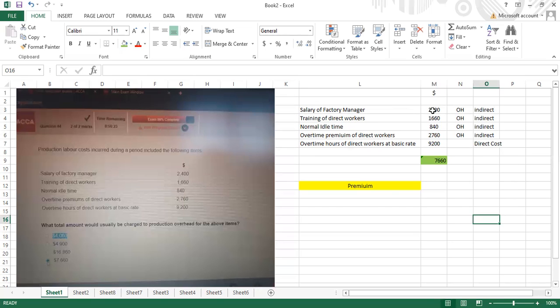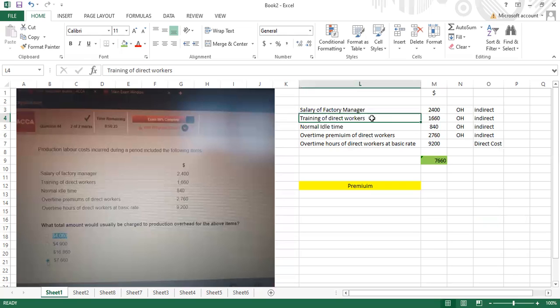Salary of factory manager is an indirect cost. Training of direct workers is indirect. Normal idle time is considered indirect cost.